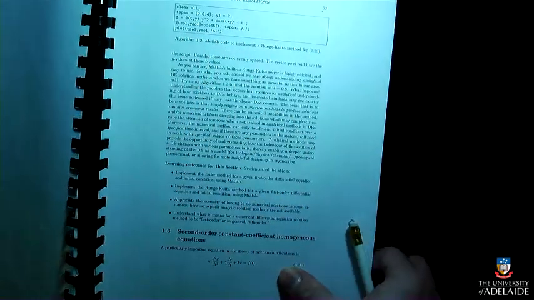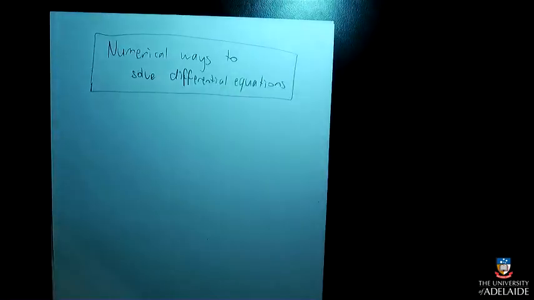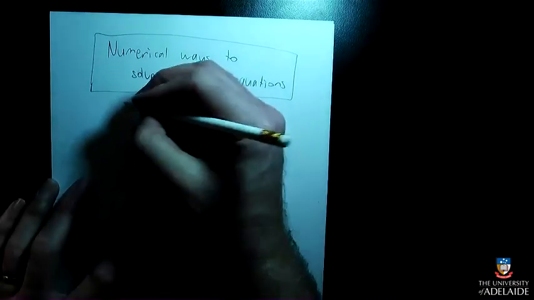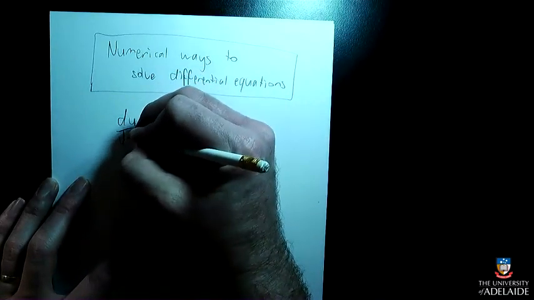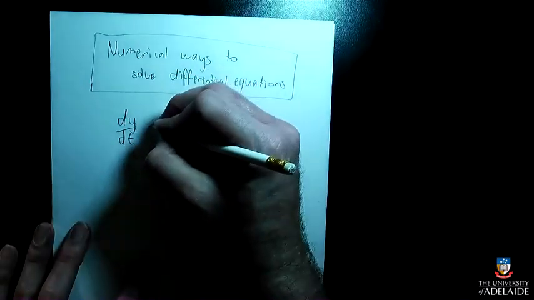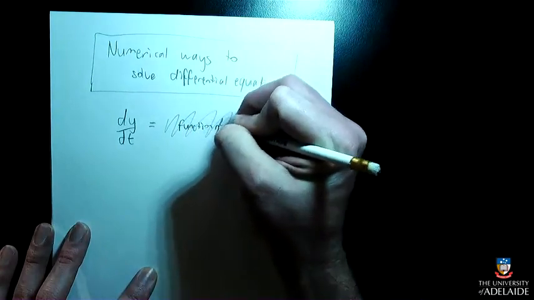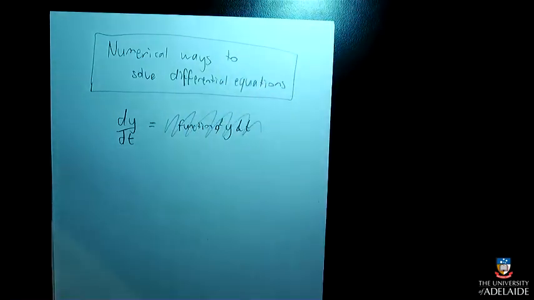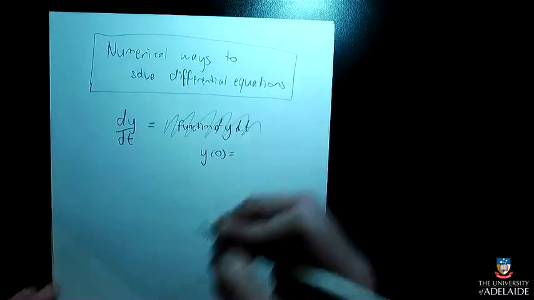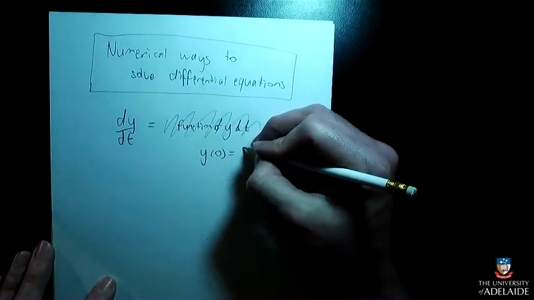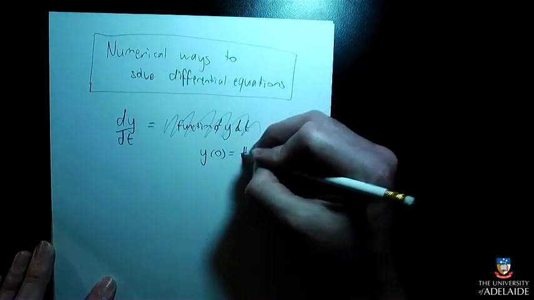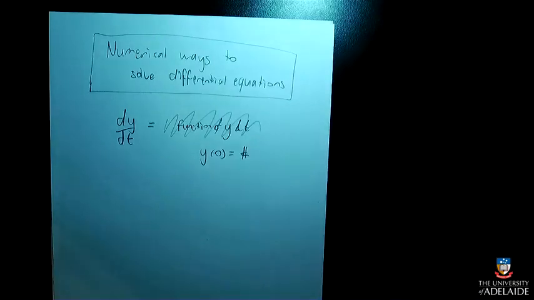Yep. Okay, cool. So these are specifically designed for a specific kind of differential equation. If you are capable of writing your differential equation as dy on dx or dy on dt or whatever it is, and you're able to put here a function of y and t, and you have an initial condition, you know, y of 0 equals, or y of 1 equals, it doesn't matter, equals a number, then you can use these two numerical methods for solving the differential equation at a particular point.